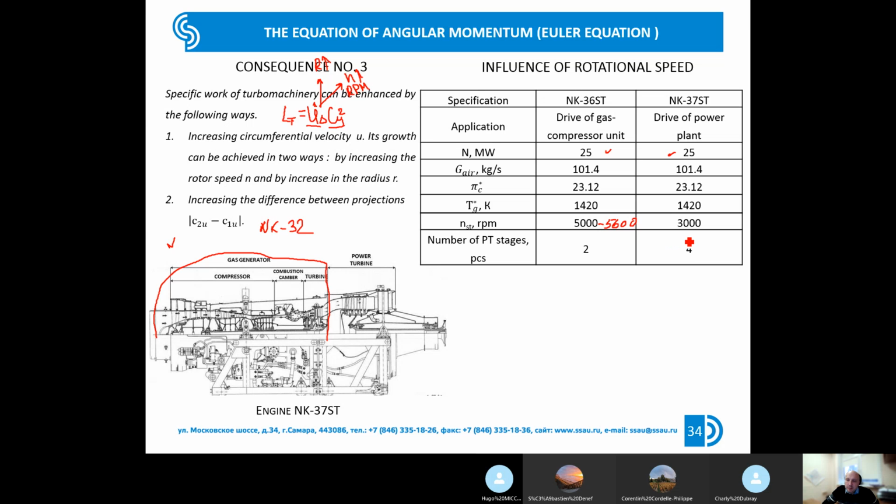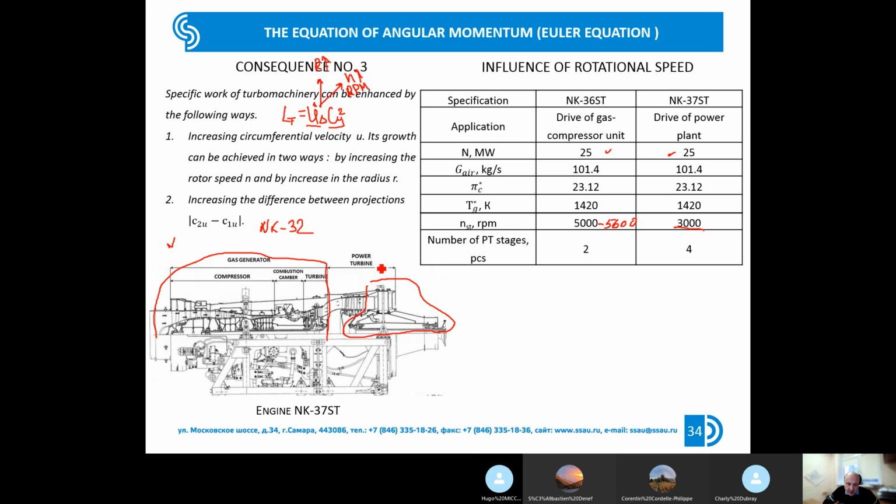For the electrical generator, as we discussed in the previous lecture, the typical rotational speed is 3,000 rotations per minute. And one additional moment, the sizes of the free turbine are the same, because the support elements of these two engines are the same.